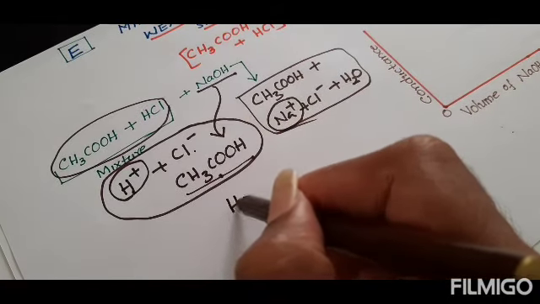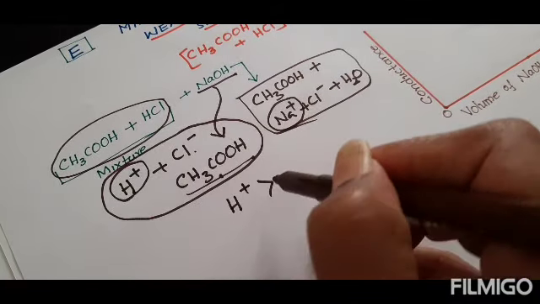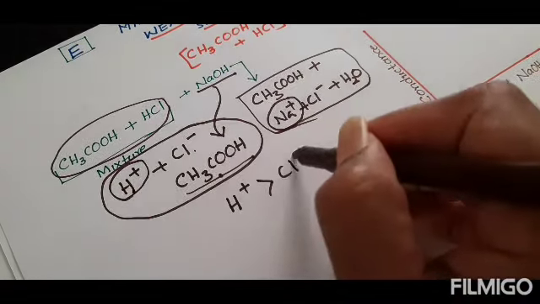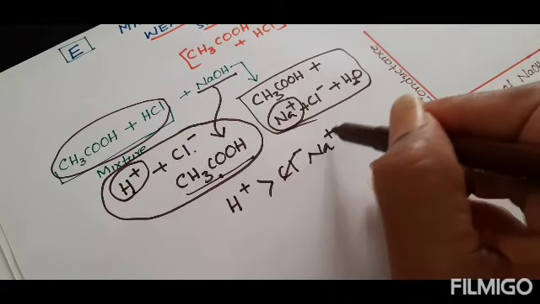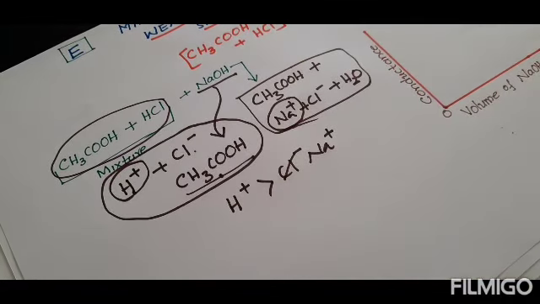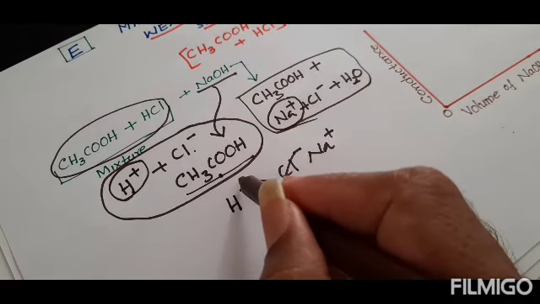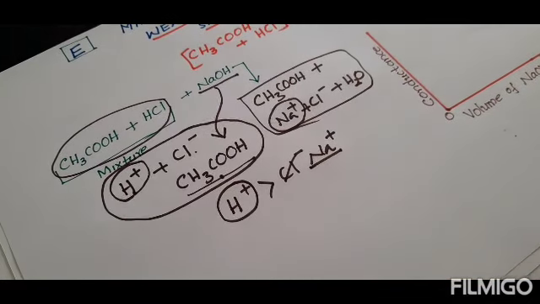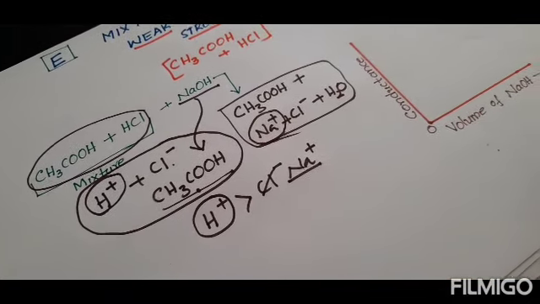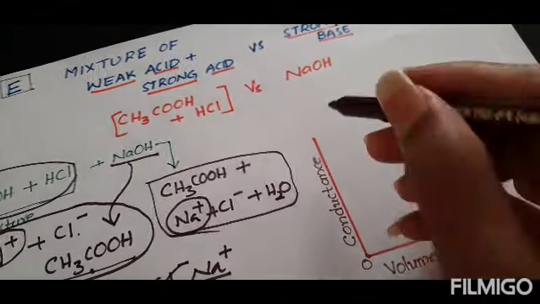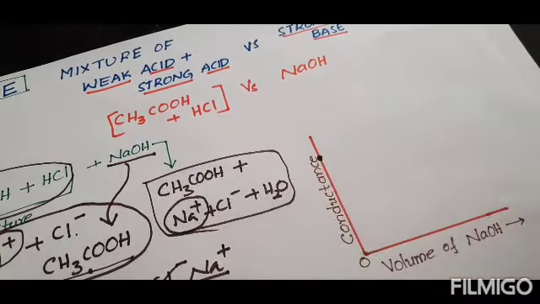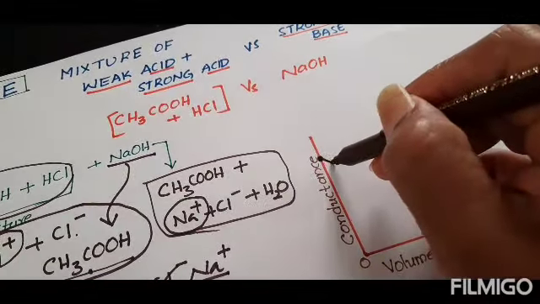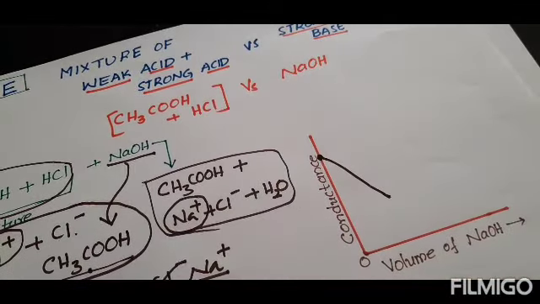Already you know that the H plus conductance is greater than Cl minus conductance and Na plus conductance. So a high speed cation is replaced by the low speed cation in the first titration before reaching the first end point. As a result, because of HCl, the conductance is high here because of its higher conductance, and then slowly it will decrease.